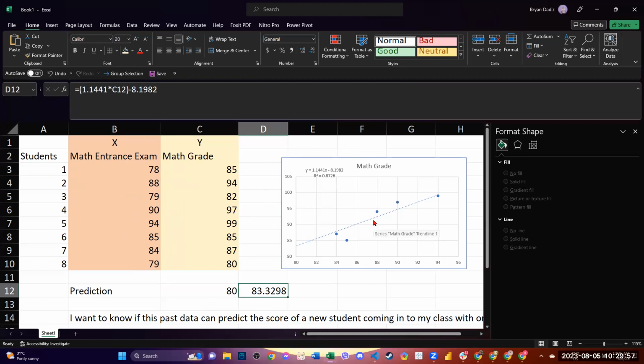And ano yung kanilang theory? This is their theory using linear regression from their past data. Yung mga hindi nakapasa sa entrance exam, most likely hindi rin makakapasa dun sa mga courses nila sa college. Kaya nare-reject ka. Hindi ka po pwedeng mag-enroll sa mga state universities such as UP, PUP, something like that.